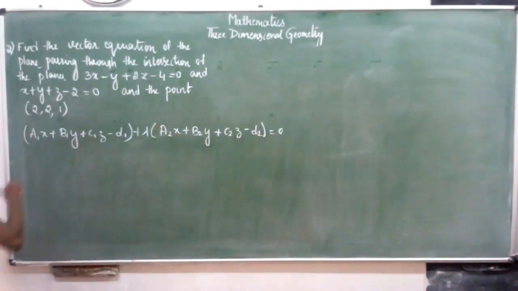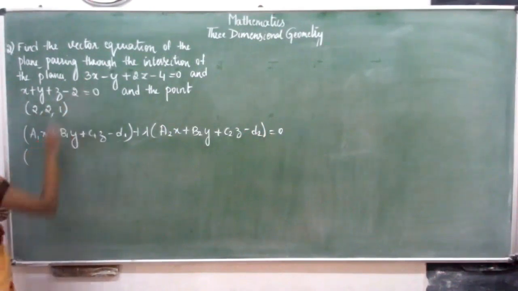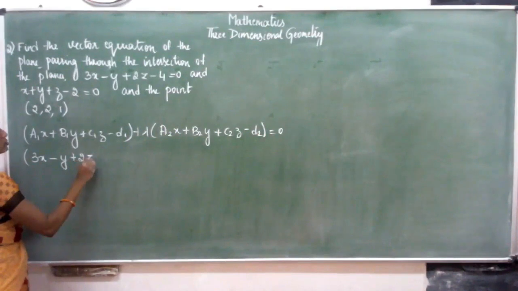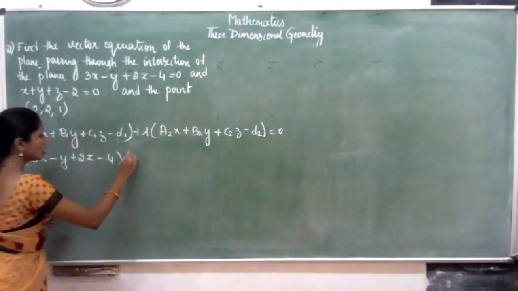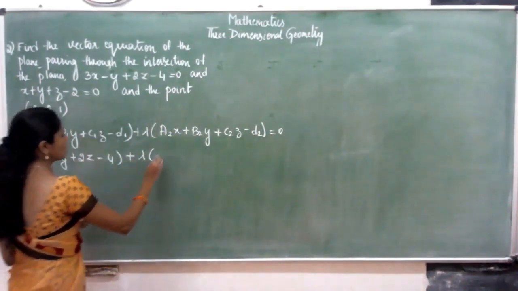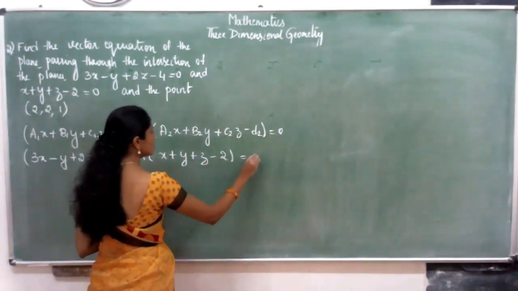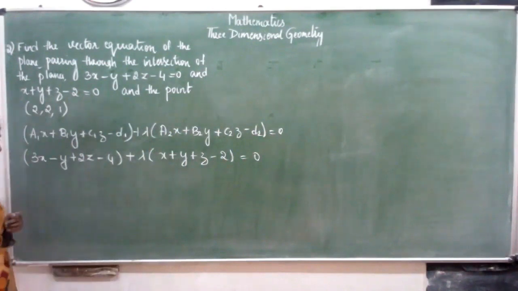So the first equation you should write here. So the equation is 3x minus y plus 2z minus 4 plus lambda times x plus y plus z minus 2 is equal to 0. Okay, now what you should do?